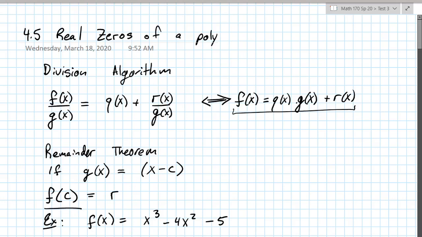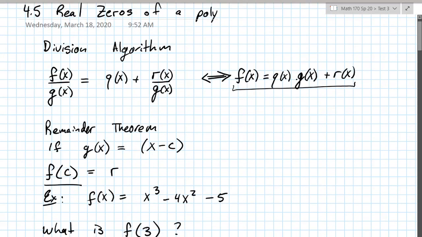We're not really going to have to worry about the details of that. What we do need to remember is that we can go back and forth between a polynomial here and a quotient over here.